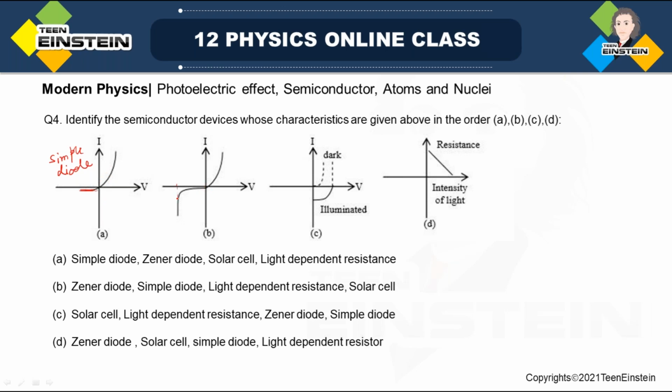This is Zener diode, because at the breakdown voltage, which is denoted by Vz, the current will increase very sharply. Even if there is a fluctuation in the applied voltage around the breakdown voltage, the voltage is never going to change. So this is Zener diode.